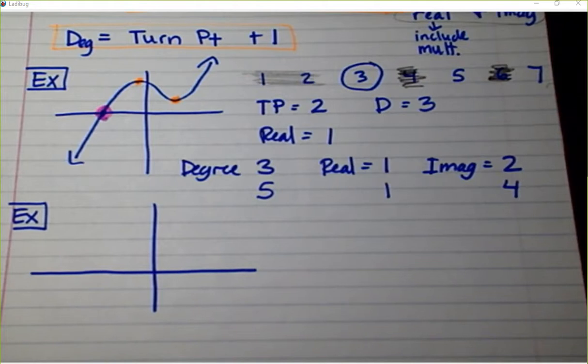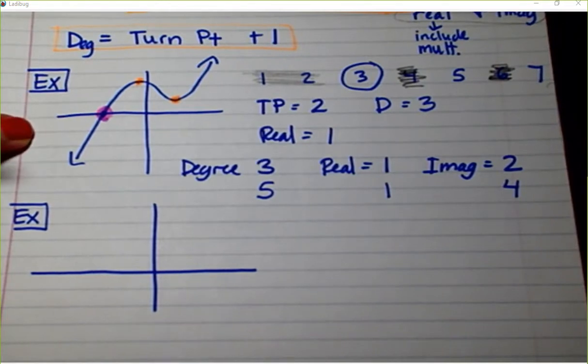Imaginary you can't tell on a graph. So we always pick the smallest possibility, so that we're all choosing the minimum, at least this has to happen. But if I actually had an equation, I would know for sure, because I don't have the equation right now.